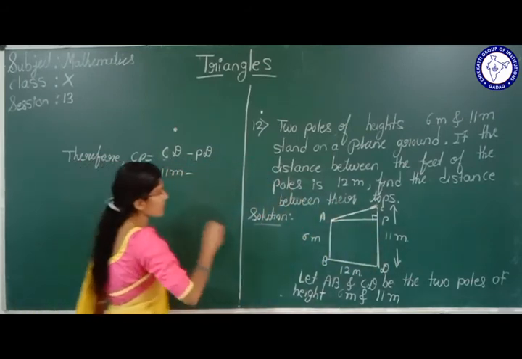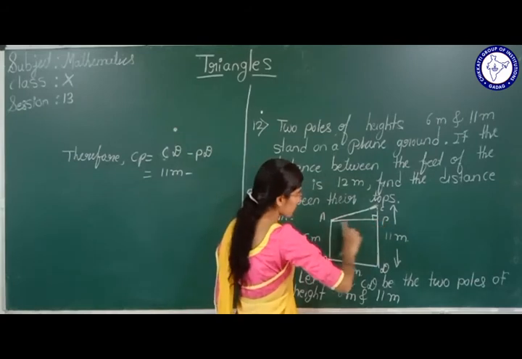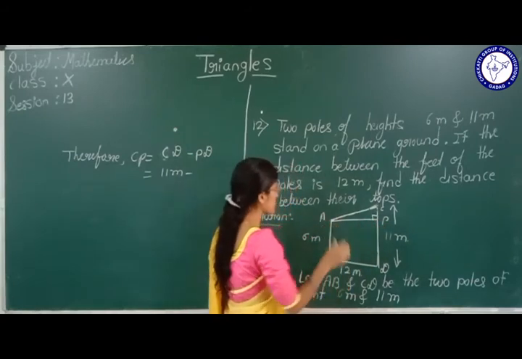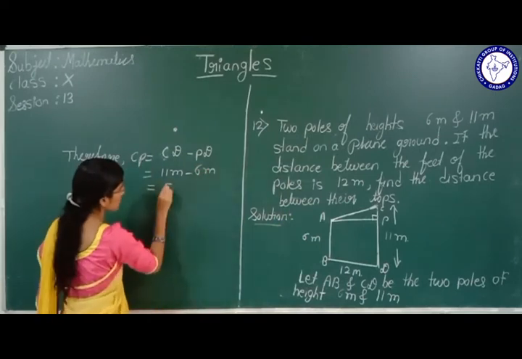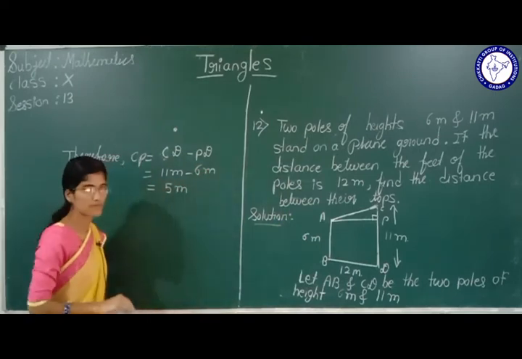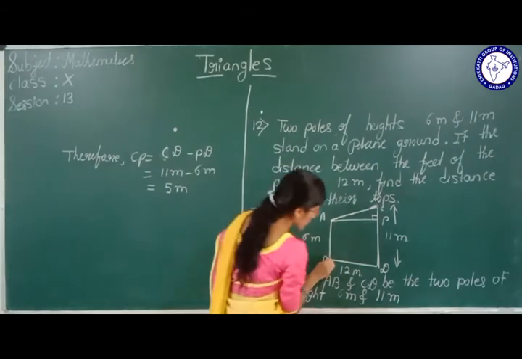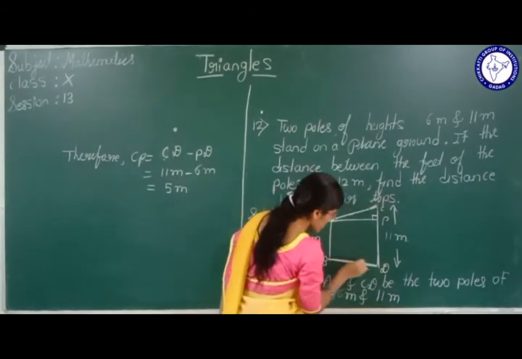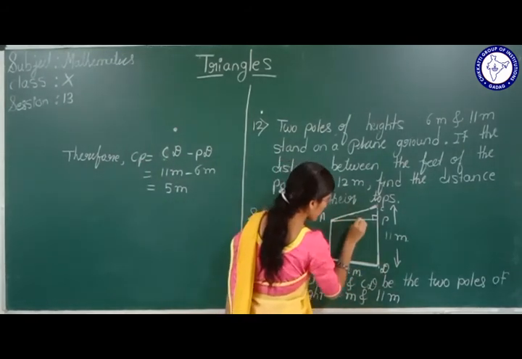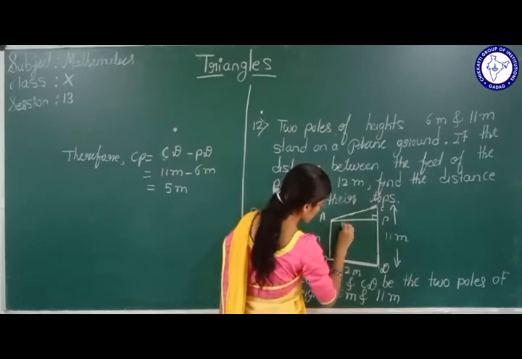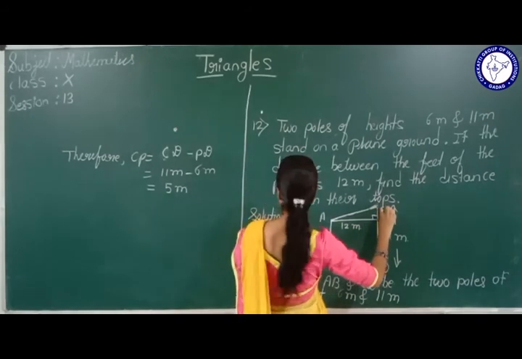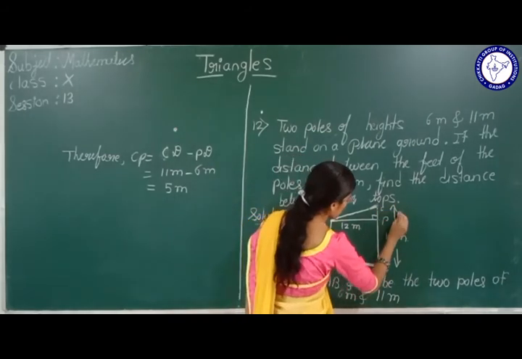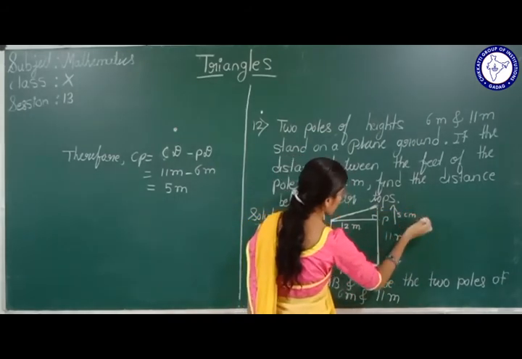What is PD? Definitely these two will be of the same length, no? That is 6 meter. 11 meter minus 6 meter is 5 meter. Okay. Now observe here. This is 12 meter. Here BD is 12 meter means AP will also be 12 meter. Yes or no? Now we have found the length of CP, that is 5 meter. Here CP is nothing but 5 meter.